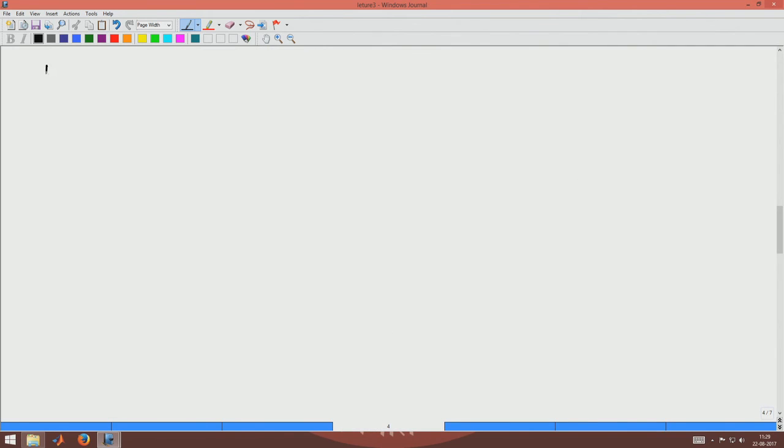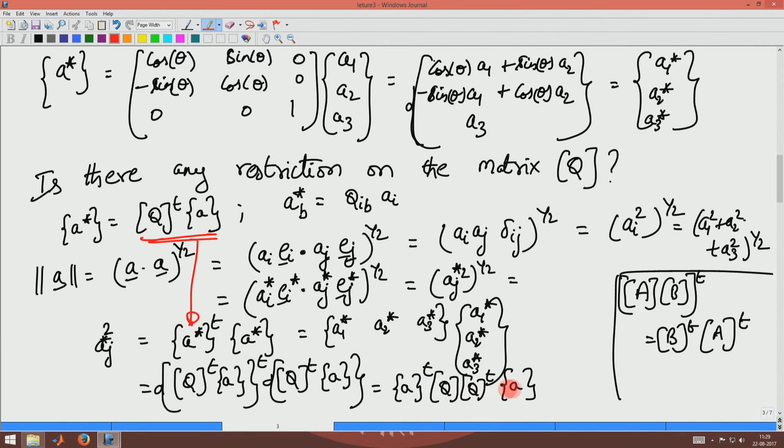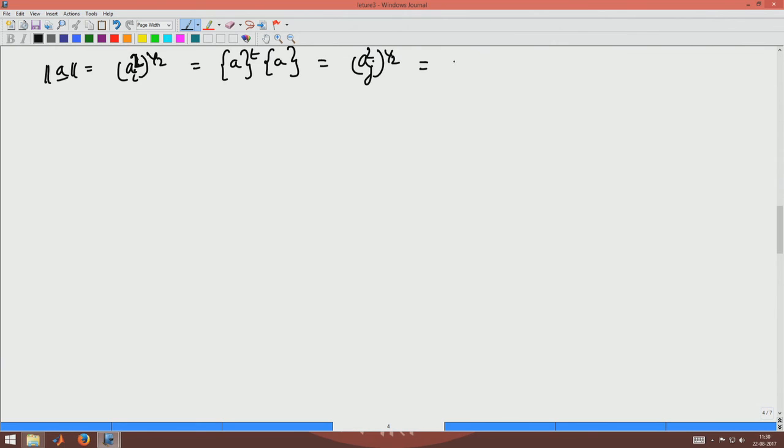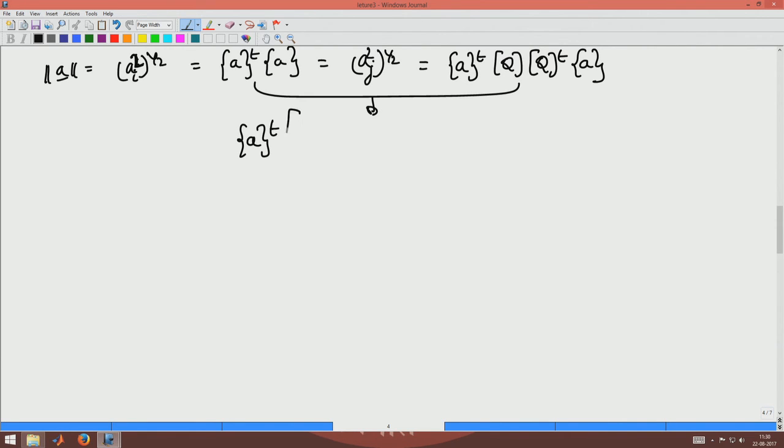Okay. So, you have the norm of A given by AI squared to the power of half, that is nothing but A transpose A, this is nothing but AJ squared to the power half, which from what we found here, this AJ star squared, we are using that expression in here to get A transpose Q transpose Q A. Now, from these 2 we find that I can write A transpose into identity matrix, equating from those 2.